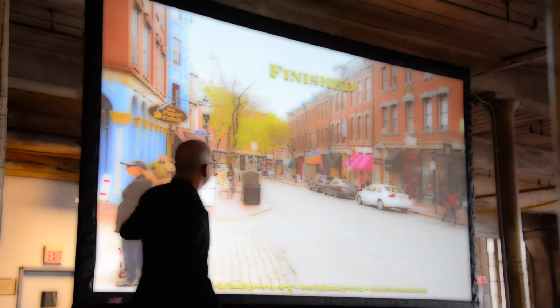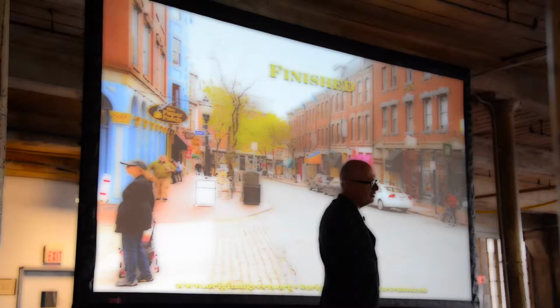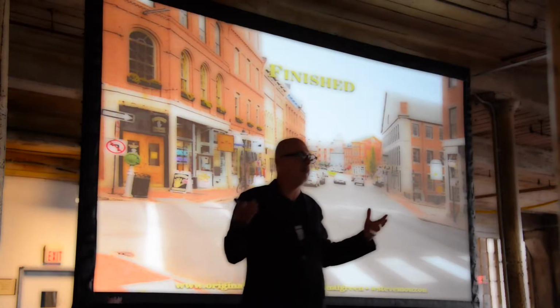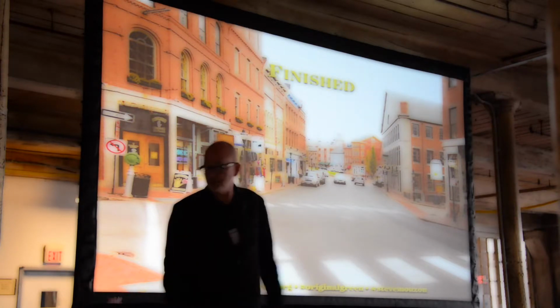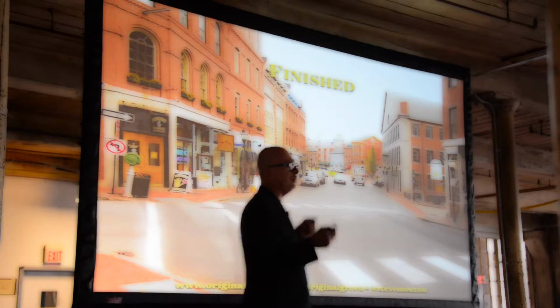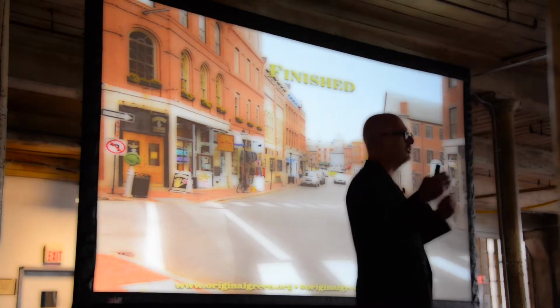And so here's the finished condition. When you get every street in the town center to this condition, then you can consider yourself having finished. But before we look at that, you say, wait a minute, Steve, you're talking about taking out all that parking? That's impossible to make work.